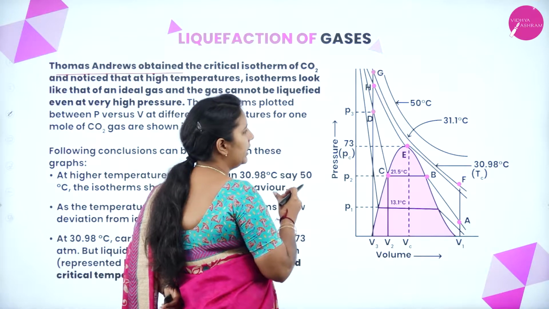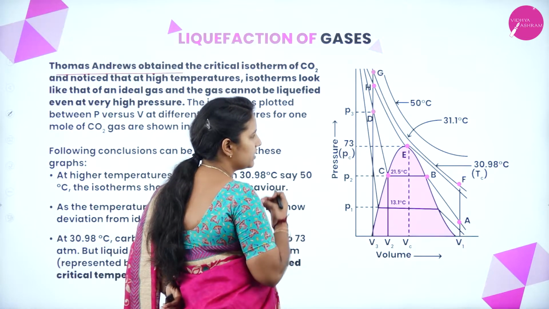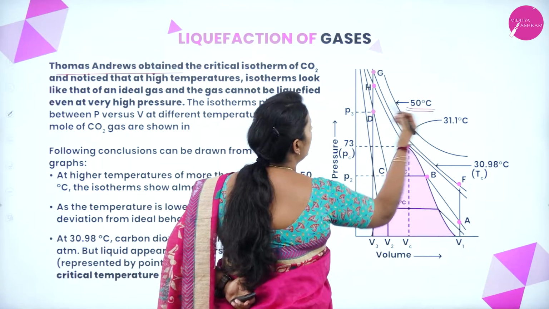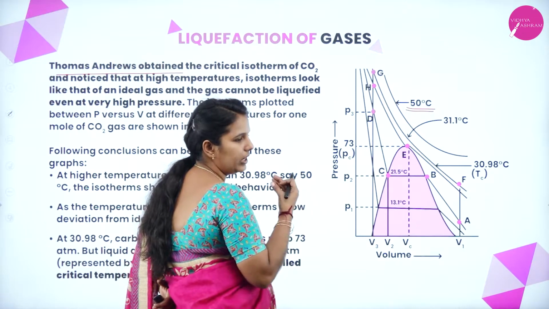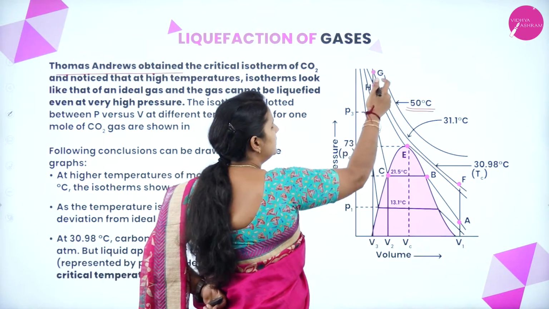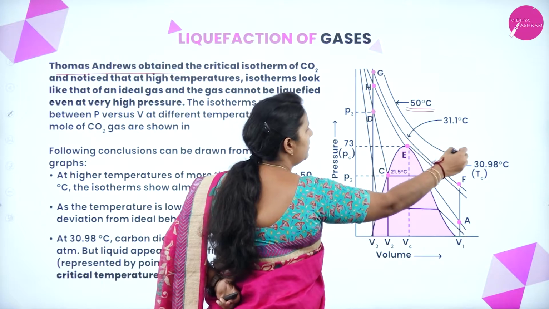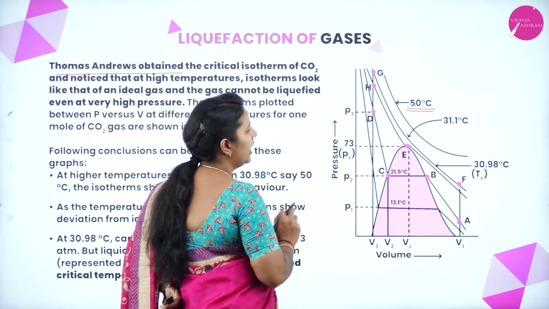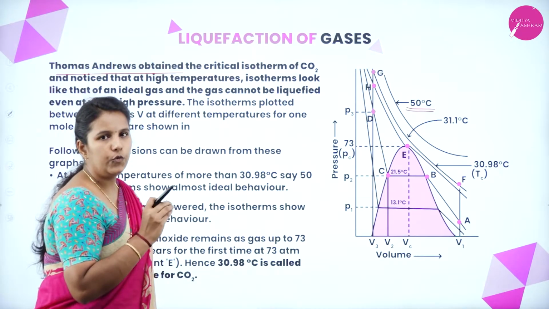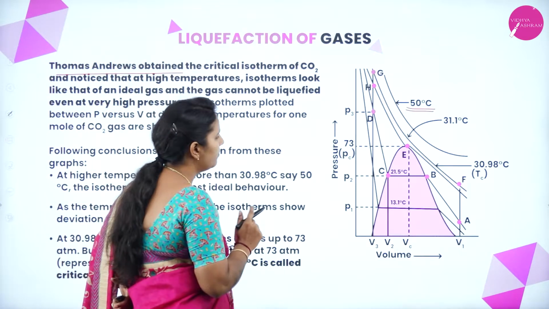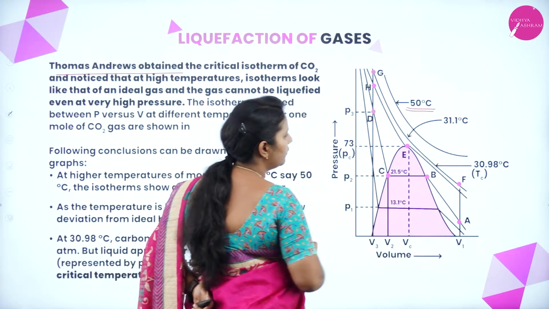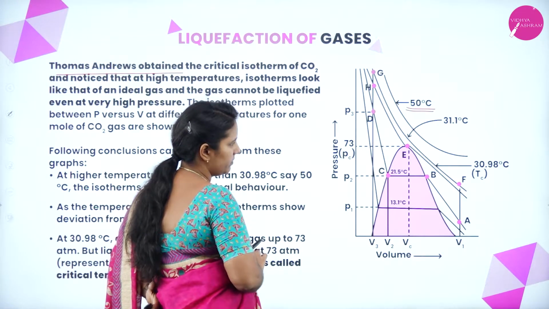Firstly, he took carbon dioxide at a particular temperature of 50 degrees. At 50 degrees, he observed that the gas behaves ideally and it just gives a curve. As you decrease the temperature, the gas comes down and the volume becomes very small.